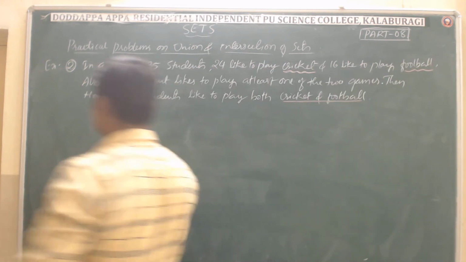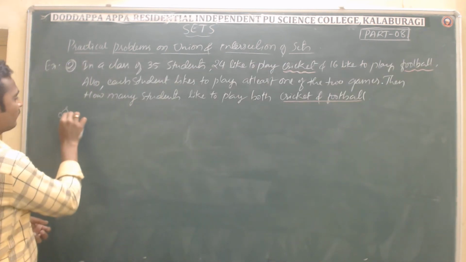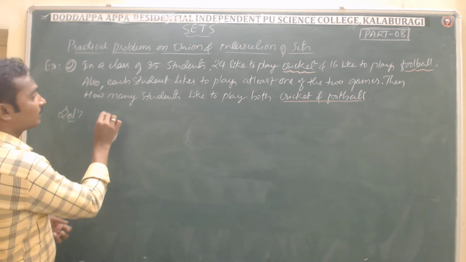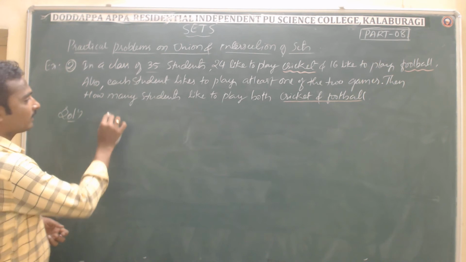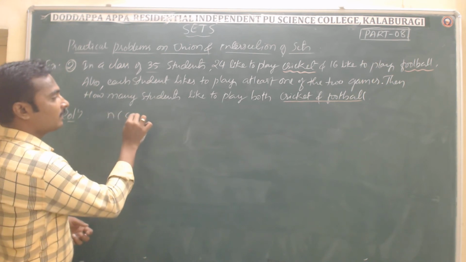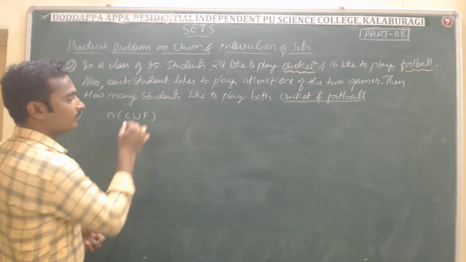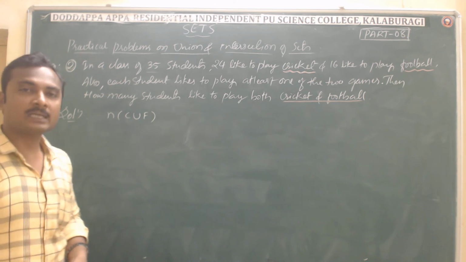So let us take what has been given. The total number of students in the class, the total strength, is n of C union F, because C stands for cricket and F stands for football.